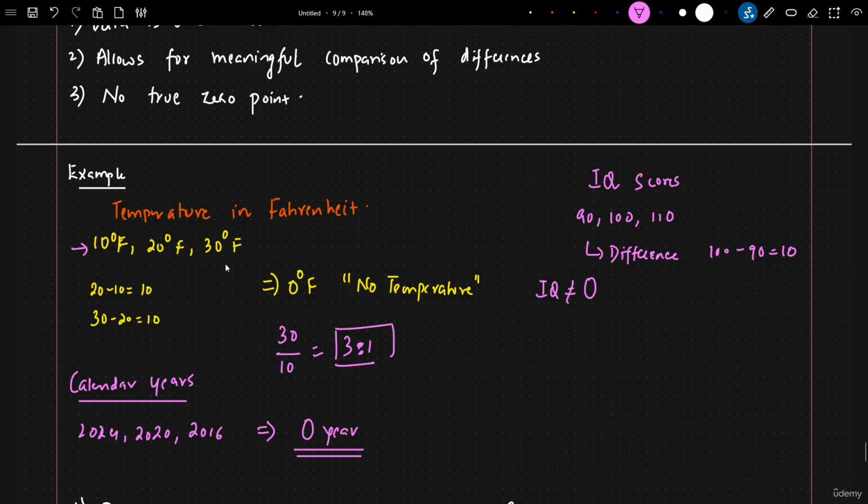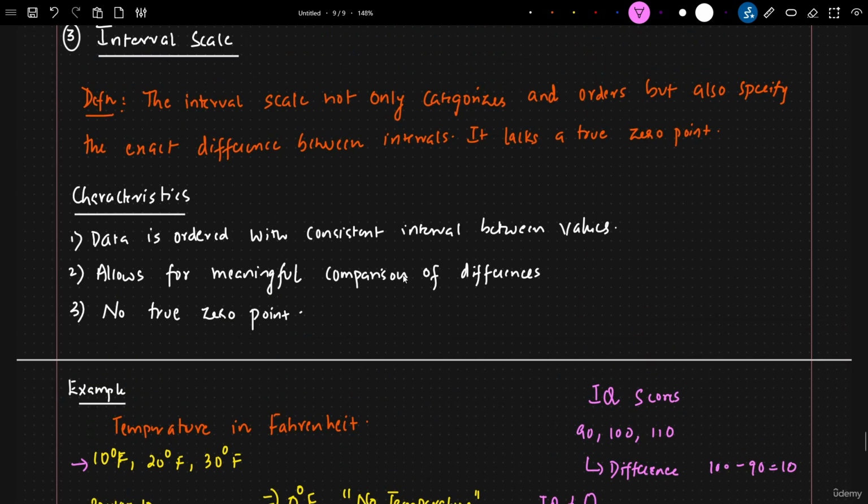It cannot be like that, right? So in interval scale, we cannot consider this kind of thing. We cannot say it is 3 times more or 4 times more with respect to the ratio. So here, it allows you to compare with respect to differences, but ratio cannot be measured. One very important point.